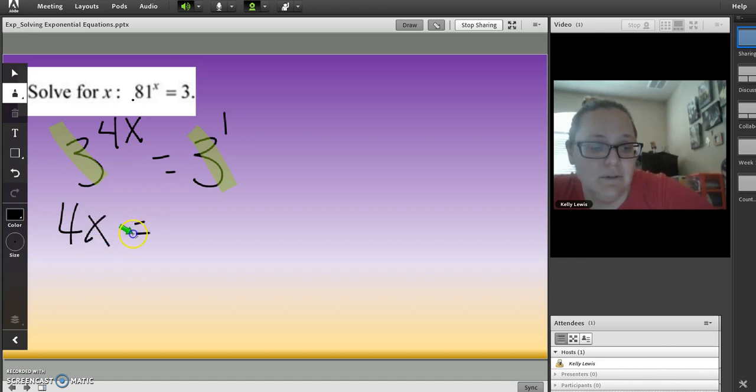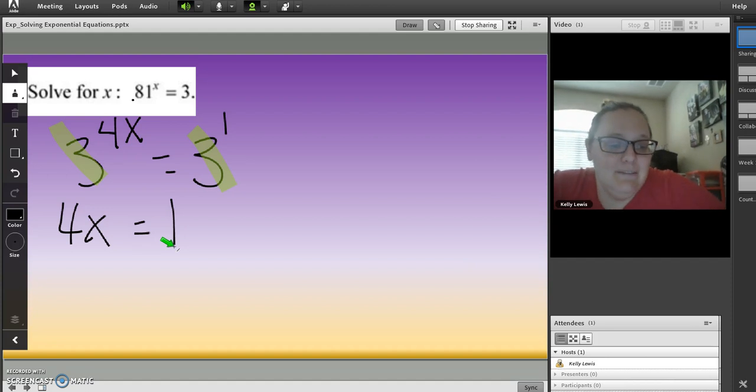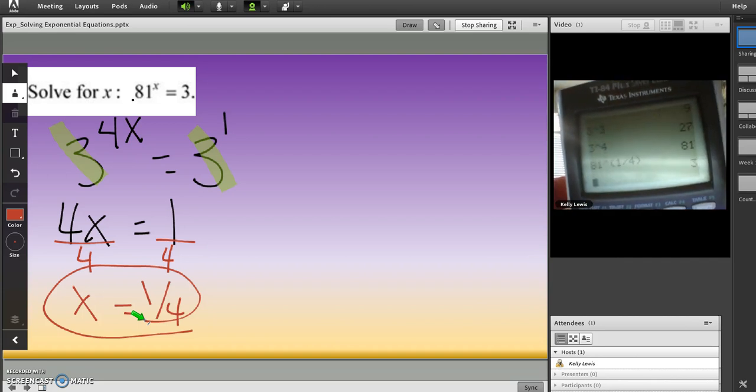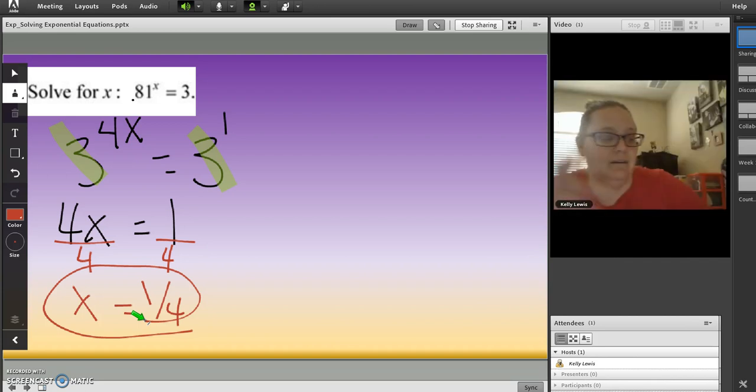So I have 4x equals 1. I divide by 4 because I need x all by itself, so we get 1/4. If you want to check it, in your calculator you could write 81 to the 1/4, and we get 3. Notice 3 to the 4th is 81, and 81 to the 1/4 is 3.